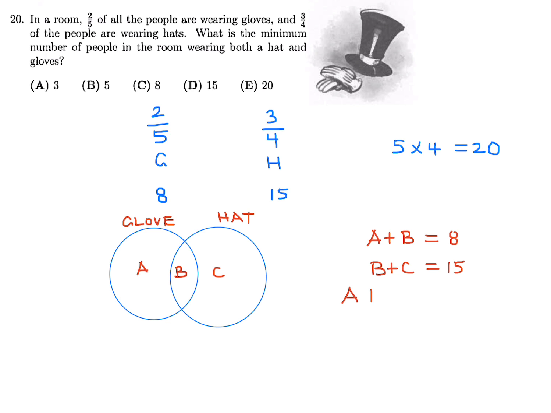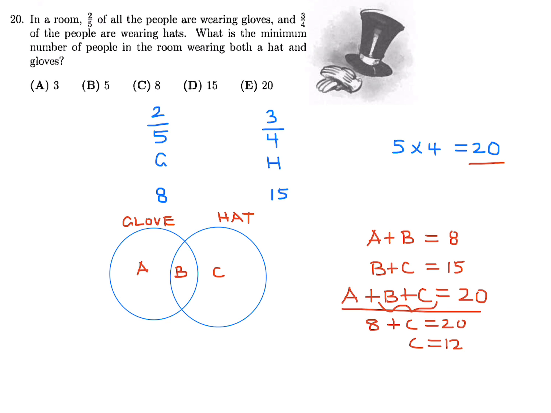We also know that A plus B plus C, all of the people, is equal to 20. Okay? So we have to solve this. No problem. From the first one, if I substitute A plus B is equal to 8 right there, this becomes 8 plus C is 20, and therefore C is 12.